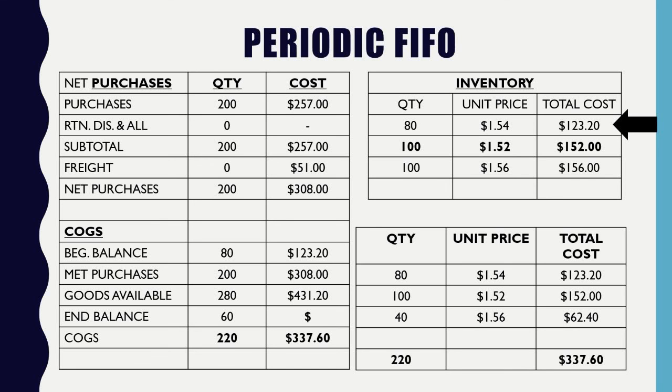That's going to give us $1.56, which gives us a grand total of $62.40. And if I add up all of those totals, I get a total of 220, which is my end goal, that I sold 220 items. And it's going to cost me a grand total of $337.60.